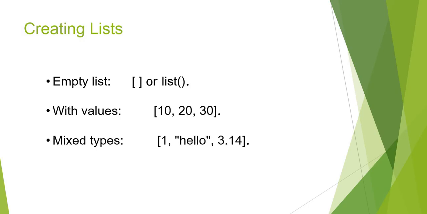Python also helps us to create mixed lists, that is list using different data types. As shown here, the first element in the list is an integer, the second element is a string and the third element is a float. This is how we introduce a nested list, that is list within list.